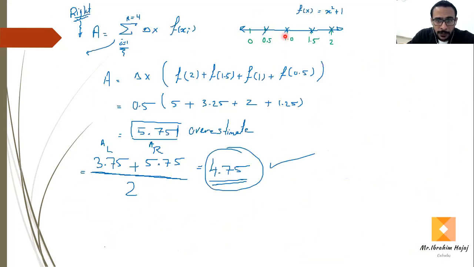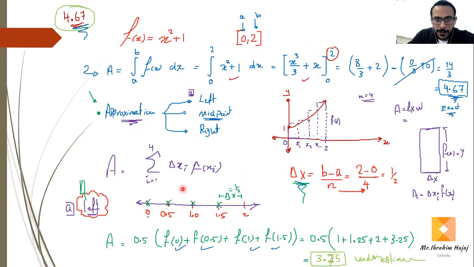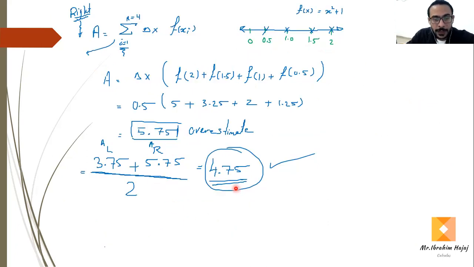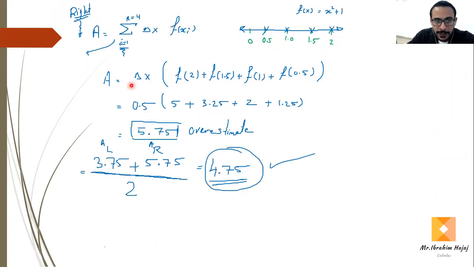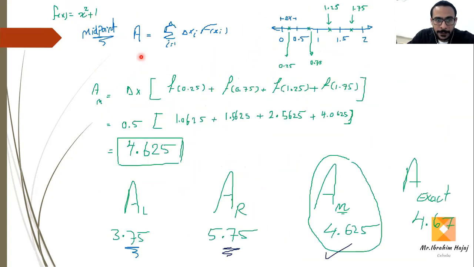From the right, we take only the rightmost points, like 2, 1.5, 1, and 0.5, and we multiply delta x by f of 2, f of 1.5, f of 1, f of 0.5, and then calculate it. So it's an overestimate. If you average the two approximations from right and left, they give you an accurate answer, 4.75, which is the same as the exact answer.